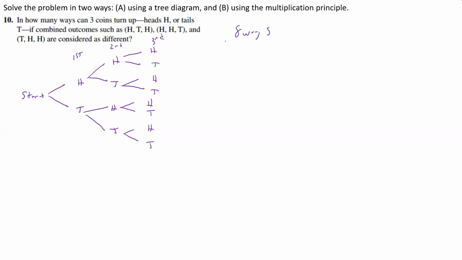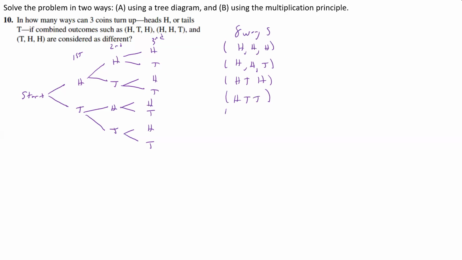And if we write them down here, it's going to go heads, heads, heads. Then we're going to have heads, heads, tails. Then we'll have heads, tails, heads. And then heads, tails, tails. And then we'll have tails, heads, heads.